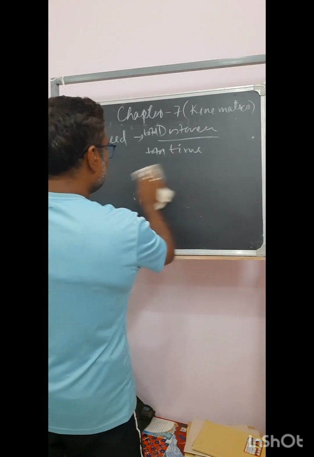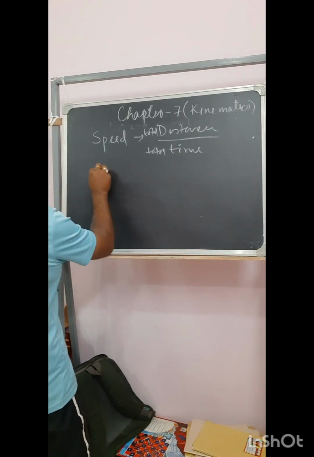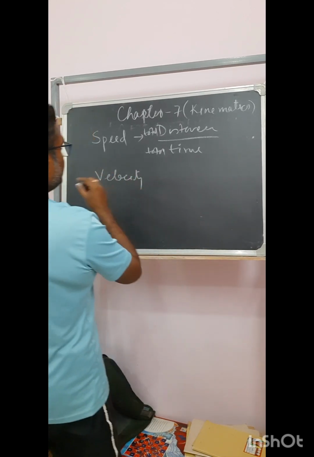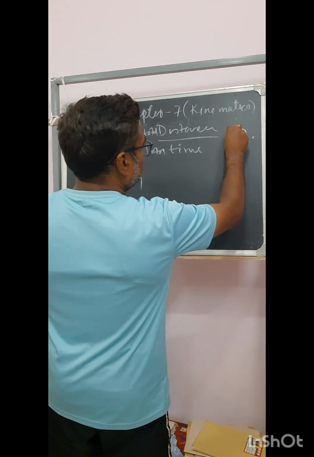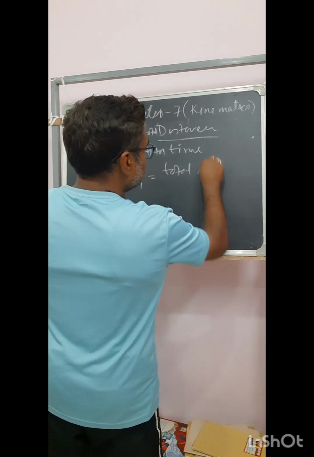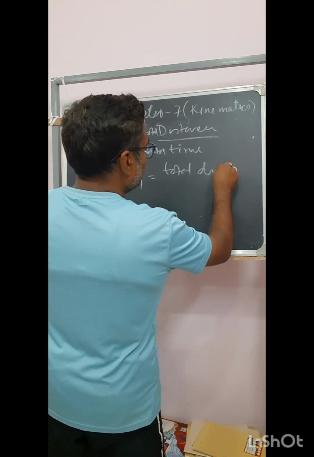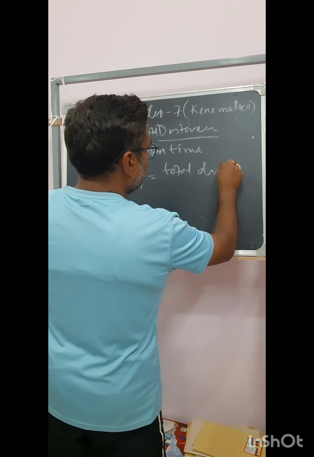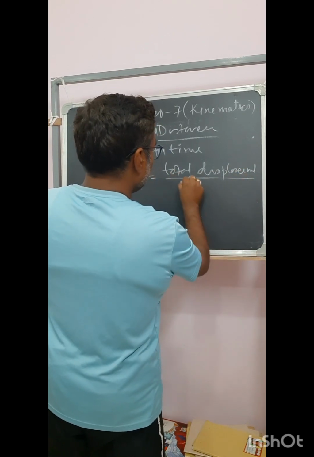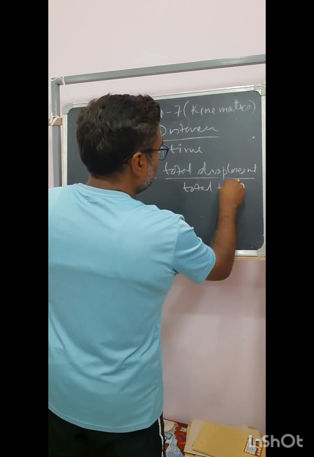In case of displacement, it will be velocity, because displacement has direction and velocity has direction, whereas speed doesn't have any direction. So in this case, this will be total displacement. Only distance will be replaced by displacement. That is the only difference, because it needs to define some direction.